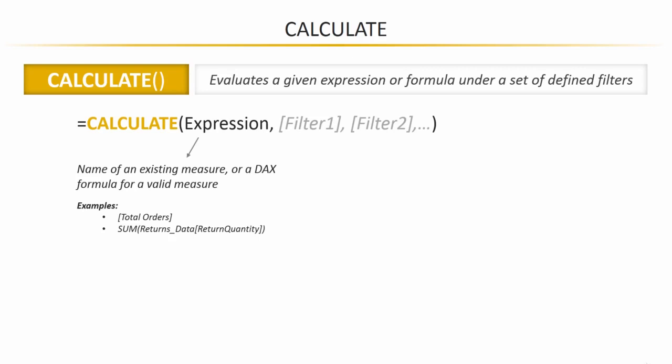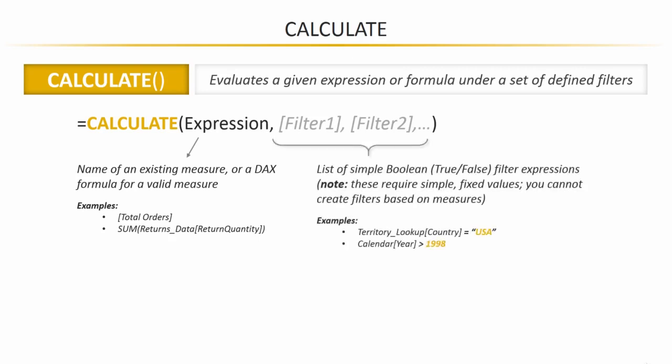And then the second component of the function is this set of filters, this list of simple Boolean, meaning true/false, filter expressions. Now, an important thing to note here: these must be simple expressions with fixed values.